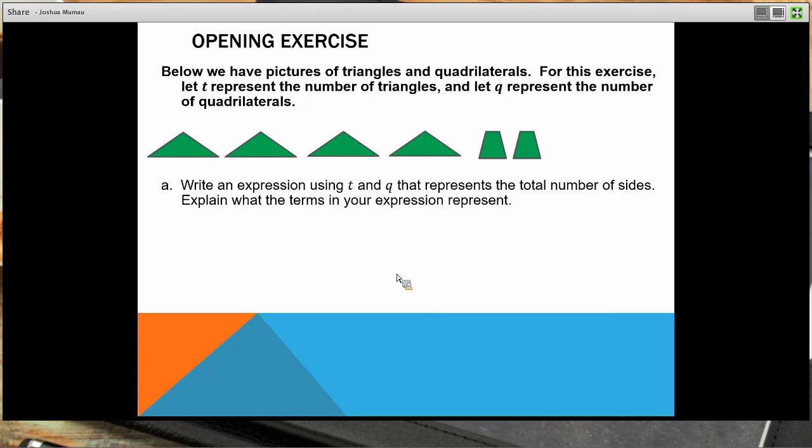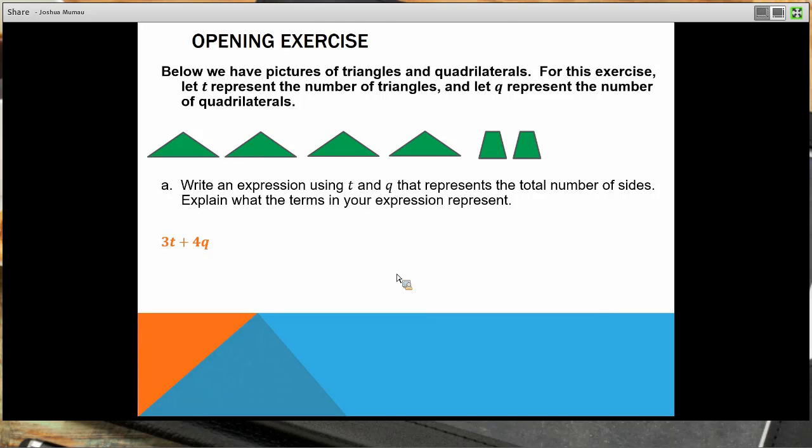So, first, look at the triangles. How many sides are on a triangle? 3. So, since we have T triangles, we're going to multiply T by 3. We have 2 quadrilaterals. Okay, well, each quadrilateral has 4 sides, so we're going to take 4 and multiply it to Q for Q quadrilaterals.